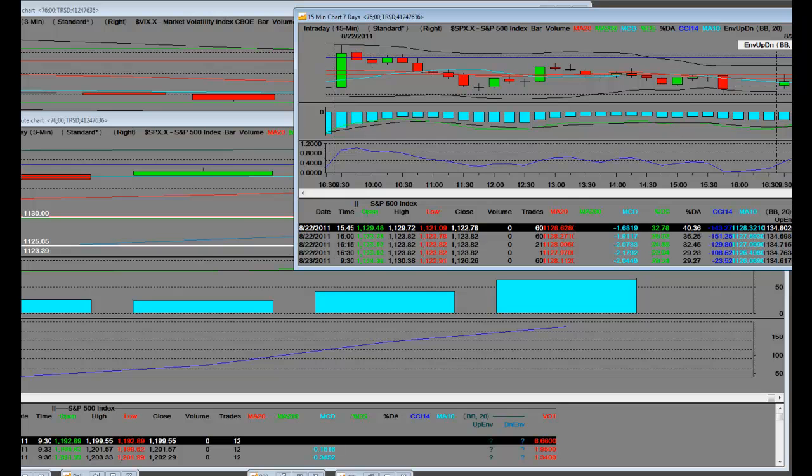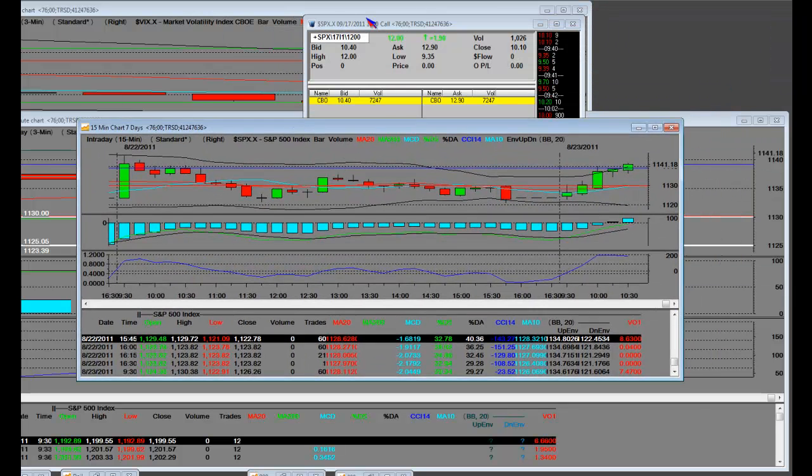But as the S&P holds that upper end of that support level, the S&P now gains some traction. Here's a 15-minute chart on that S&P, and you're right up here, 1141 handles. Okay? Look at the 15-minute bars, they're all green, and they're all green.